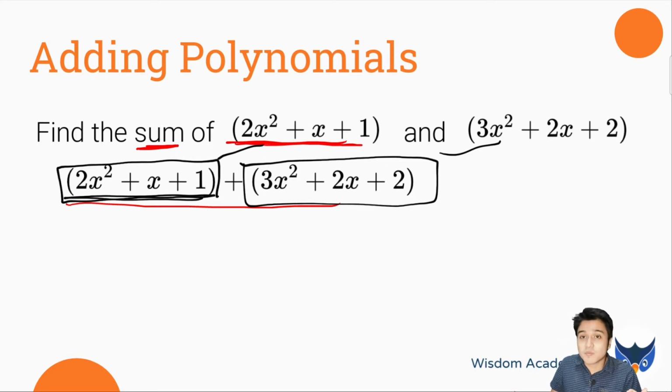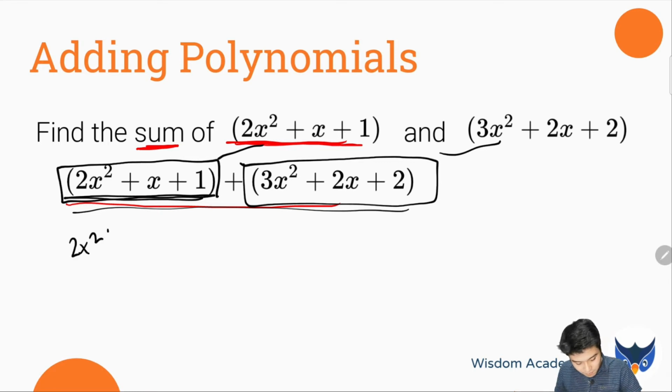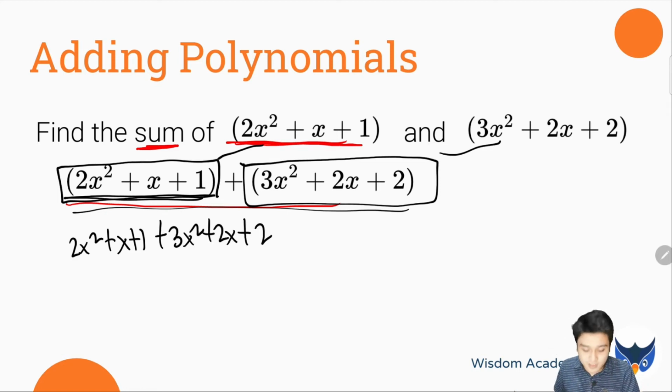In that case, the groupings do not matter, no? Pwede mong baguhin yung groupings pag nag-add ka lang. Therefore, etong first line of equation natin, pwede nating tanggalin yung grouping symbols. So, 2x squared plus x plus 1 plus 3x squared plus 2x plus 2. So, ginamit ko yung associative property para tanggalin yung groupings.